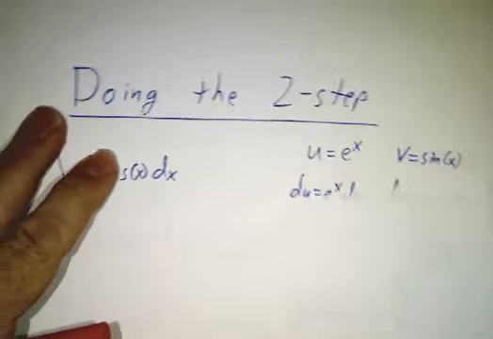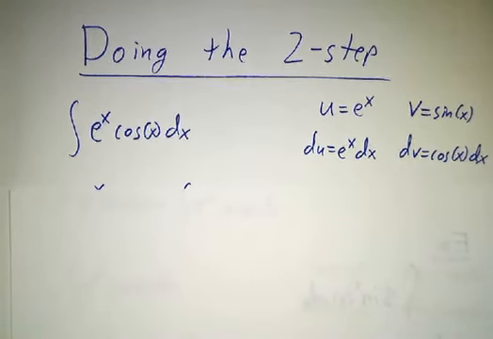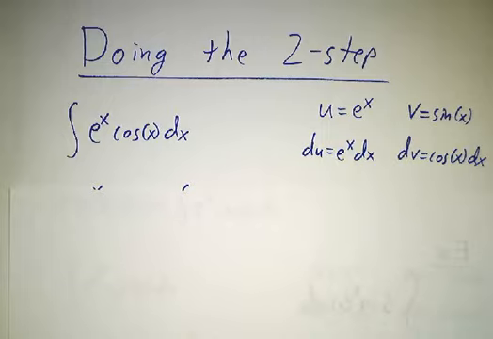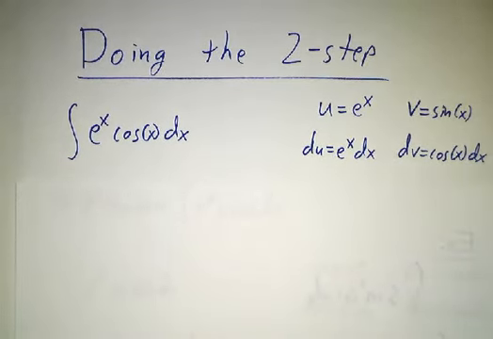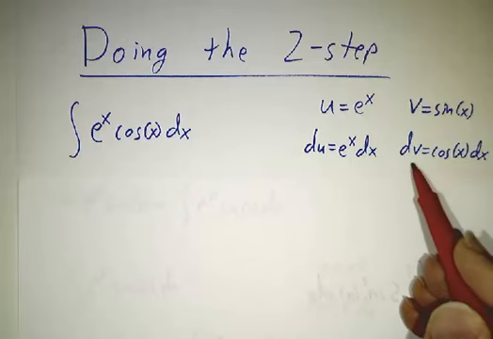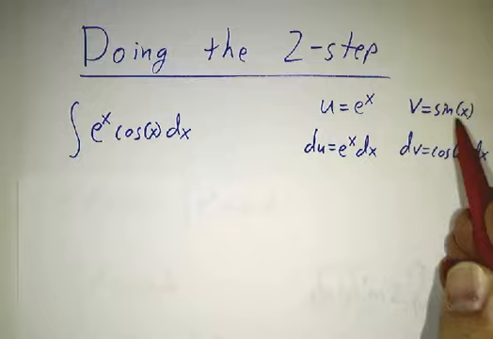Often, this requires two steps. So let's suppose that we want to integrate e to the x cosine of x dx. You could actually go in either direction. You could pick your u to be e to the x or your u to be cosine of x. Doesn't much matter. We're going to pick u to be e to the x. And then dv is cosine of x dx. Then when you integrate that, you get sine of x.